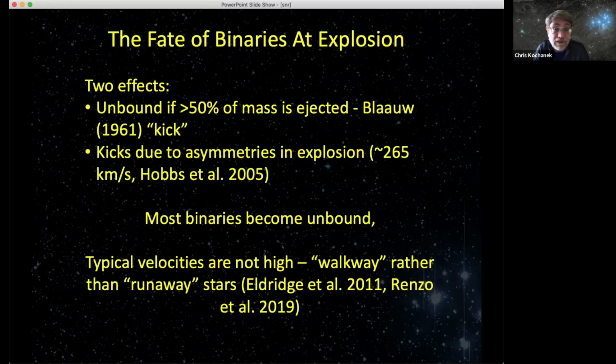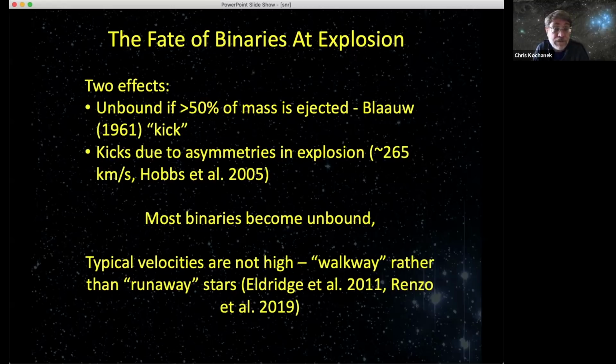We like to give this to all of our students, and you can just work out that for any binary orbit, if you impulsively eject over half of the mass, the binary becomes unbound. If you keep more than 50% of the mass, the binary remains bound. And since you are usually blowing up red supergiants in a type 2P supernova, you do eject quite a bit of mass. So just from this effect alone, a lot of binaries will get disrupted.